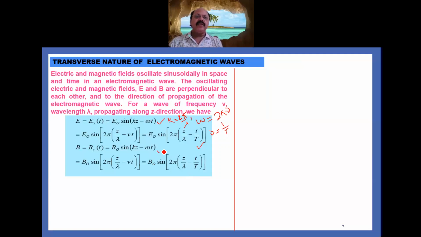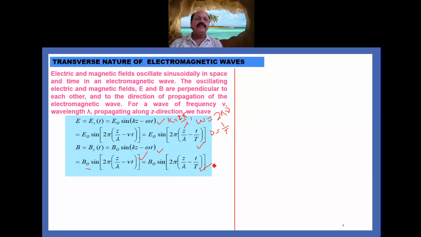Similarly, the k value is 2 pi upon lambda, omega is 2 pi nu, and nu is 1 upon T. Substitute all these values, then you will get B equal to B naught sine 2 pi (z upon lambda minus nu t), which is equal to B naught sine 2 pi (z upon lambda minus, in place of nu you write 1 upon capital T, so minus t upon capital T).